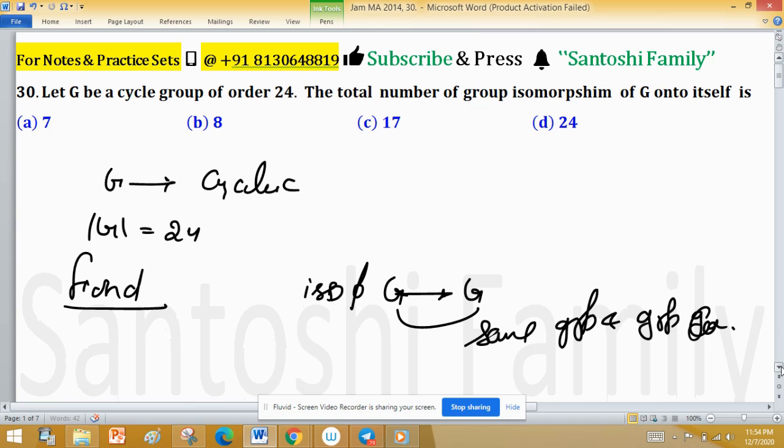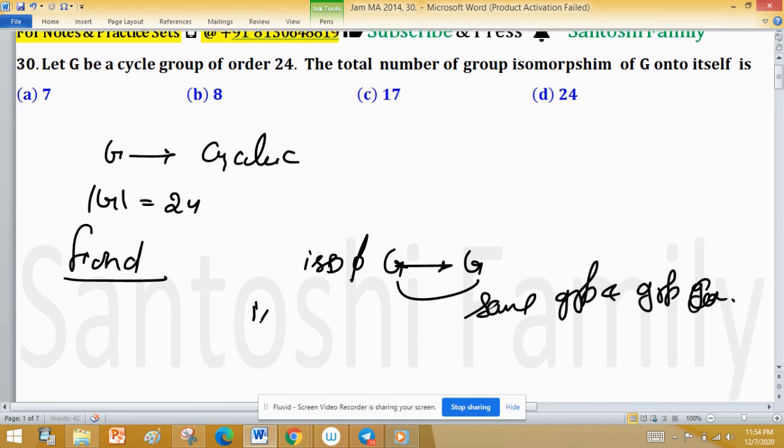So this isomorphism can be considered as an automorphism of G, and we have to find the total number of isomorphisms, that is, the cardinality of such automorphisms.